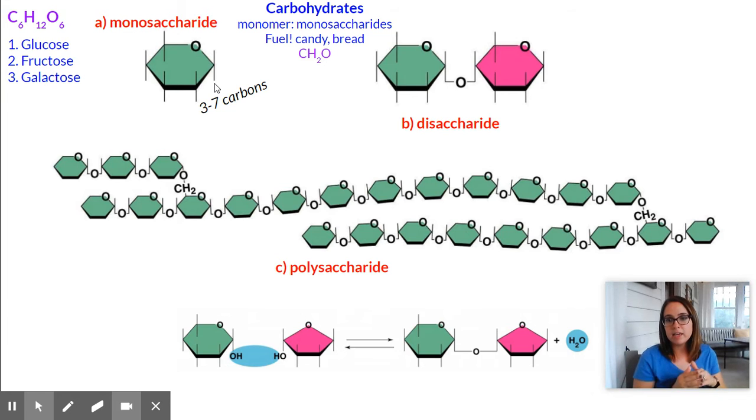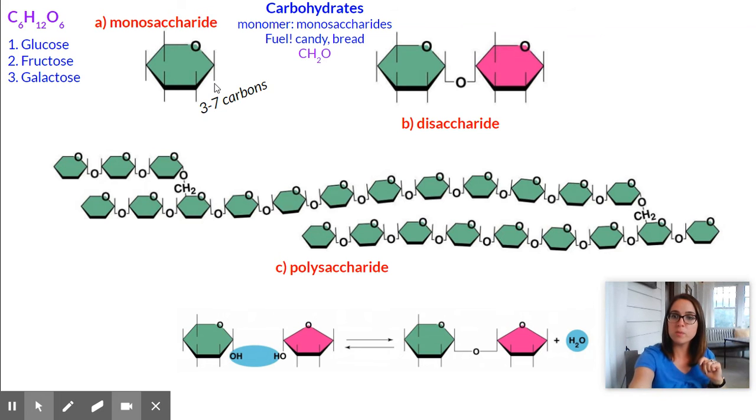So they have the same chemical formula, but their structural formula, how I would write it on a piece of paper, is different and unique. They call molecules like that isomers, meaning same formula, different structure, like same but different, isomer. But they are all still single sugars. They have one ring with 3 to 7 carbons in them, and that's their formula.